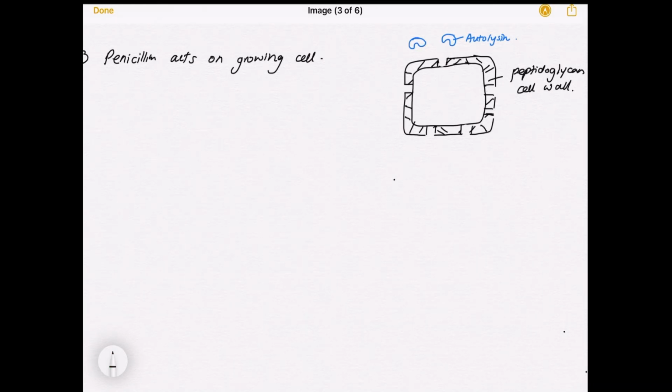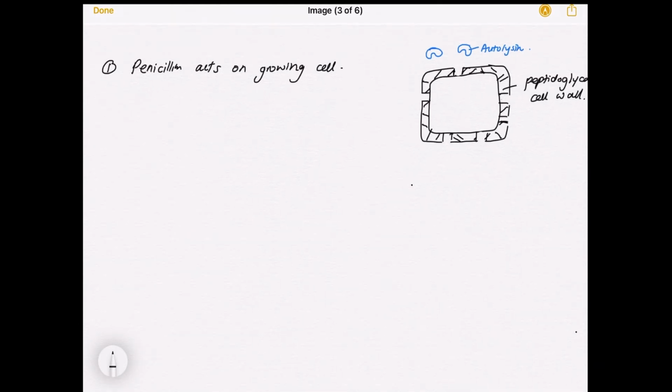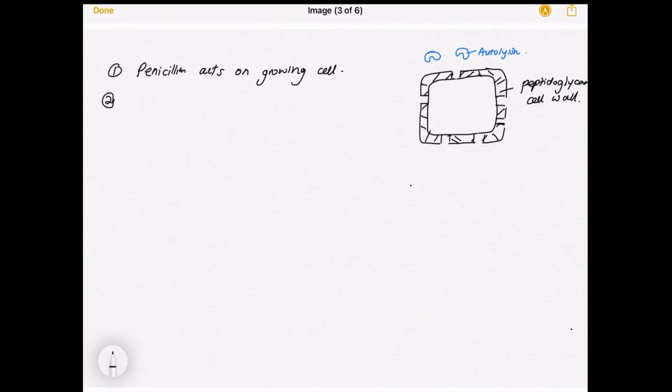This allows the cell wall to be loosened up and can expand easily when the bacterial cell grows during the uptake of water. So point number 2, autolysin is secreted to punch holes on the peptidoglycan cell wall.